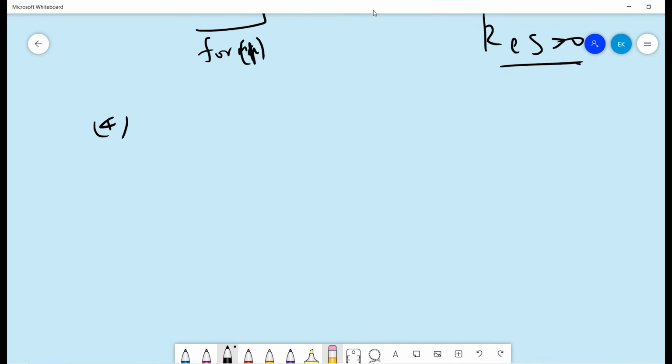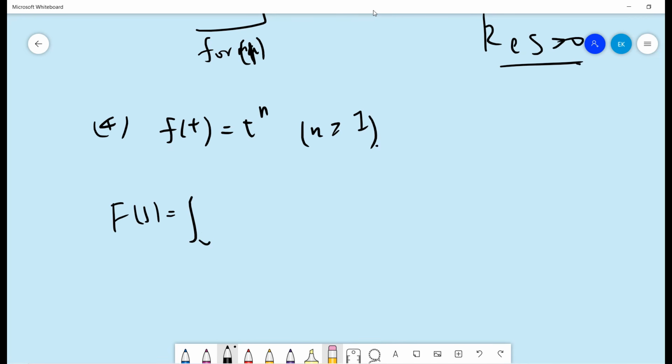Okay, so number 4, I already solved it, so I just solve it again. Okay, so f of s just equals this. Okay, and we use integration by parts. So this can be written as, this is u, this is v prime, right?